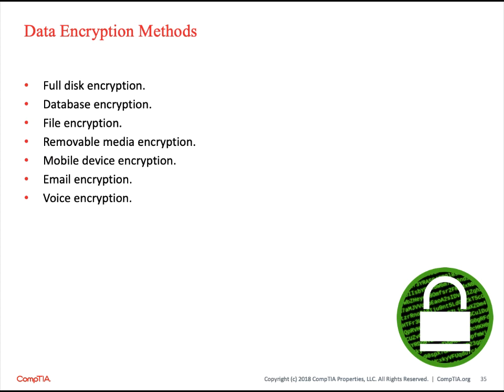So we have data encryption methods. In order to protect our data from security vulnerabilities, we're going to want to apply data encryption that is appropriate to our data level. So a full disk encryption will encrypt an entire disk and all the data stored upon it. You can do this on a lot of different devices. Your computer at home, your laptop.